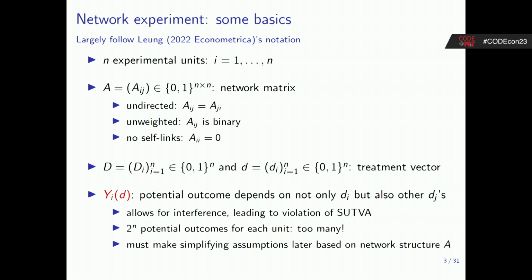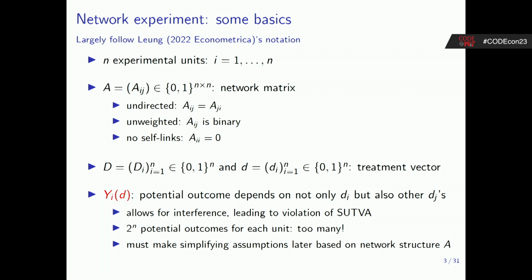So the basic notation: we run an experiment, randomizing on those n units. Every unit will receive either treatment or control. Later I will introduce how we assign the treatment, but the generic notation is d_i, and d is the vector. The little d will denote the realized value of the treatment vector.